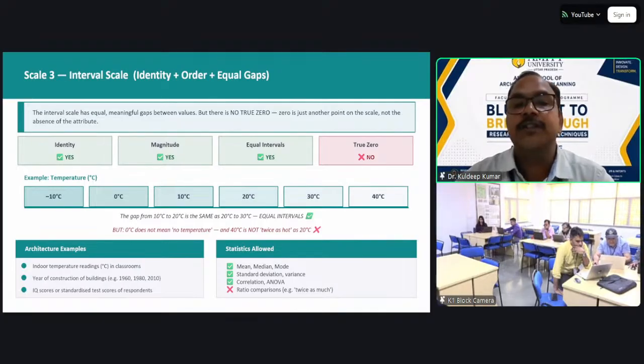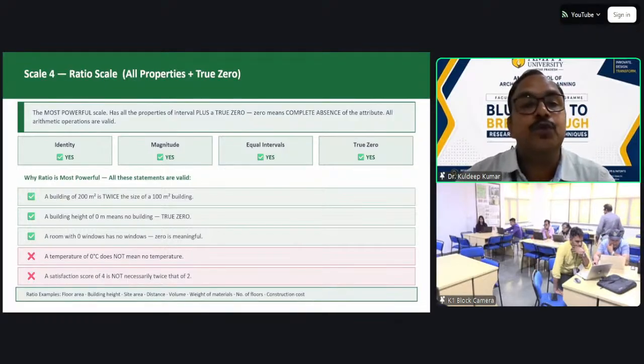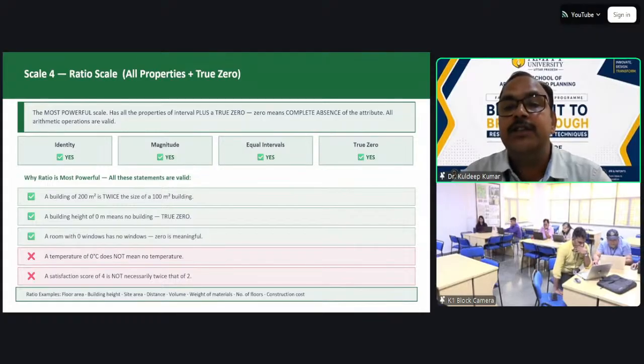Now coming to the last, the ratio scale. Here it has all the properties plus a true zero. Maybe we can see this through examples. A building of 200 square meters is twice the size of one of 100 square meters.